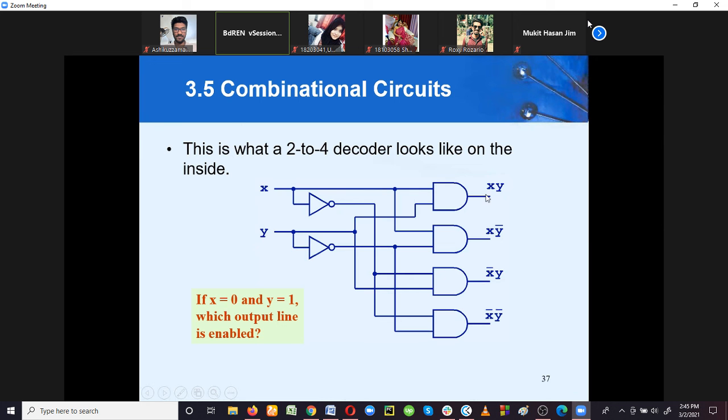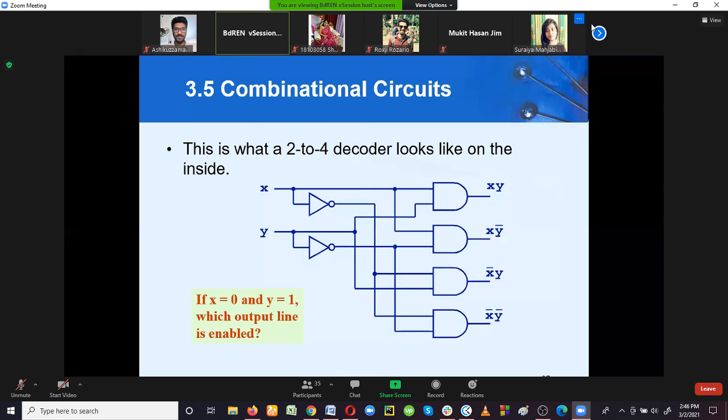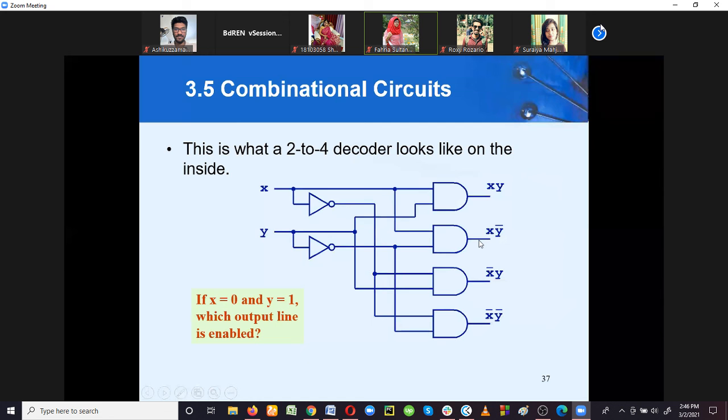The first output is 0, because 0 and 1 is equal to 0. Second output? X, y bar. Y bar means 1 becomes 0, so 0 and 0 means 0.